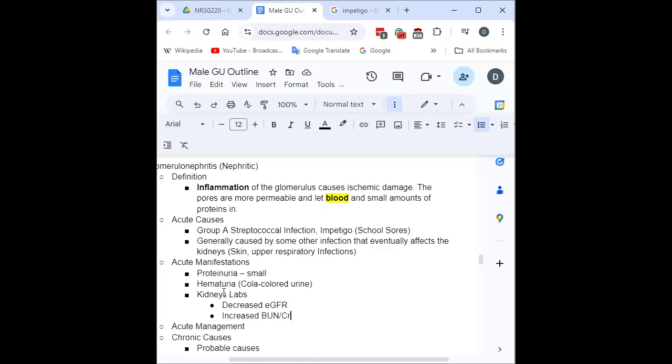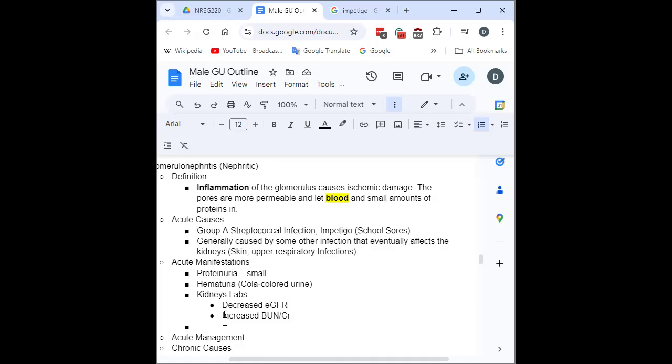Okay. What else might you see with an inflammation based condition that comes from a streptococcal infection that eventually affects the kidneys? CRP can be one. I don't think they specified that for this one, but I wouldn't be too surprised if it shows up.